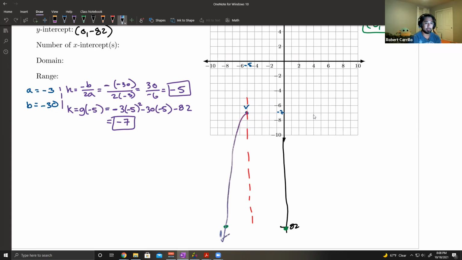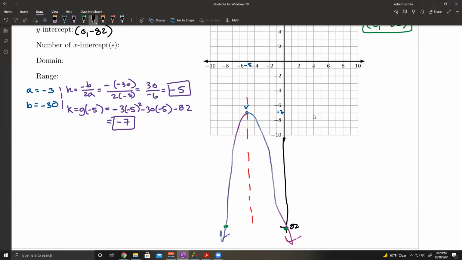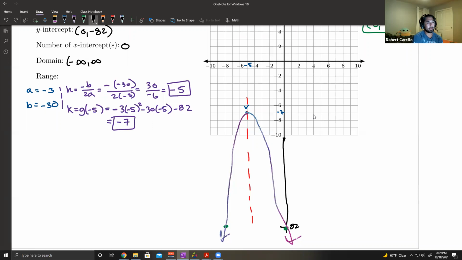Woo! All right. And do we touch the x-axis at all? No. So how many x-intercepts do we have? 0. None, right? Domain, negative infinity to infinity.